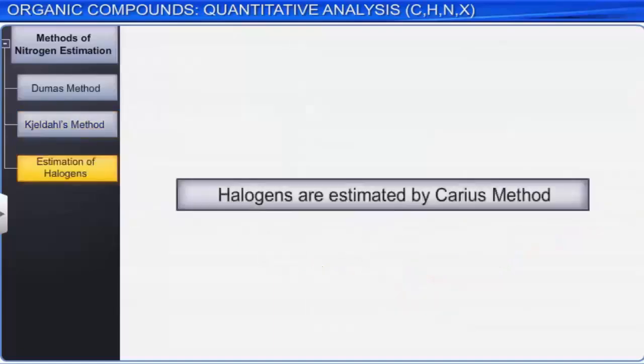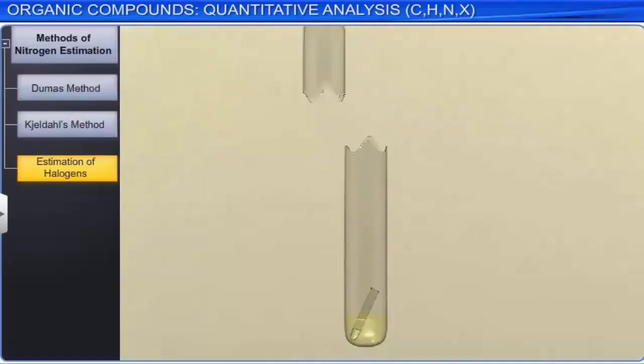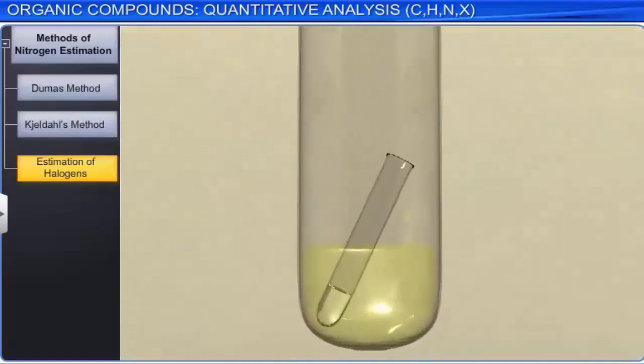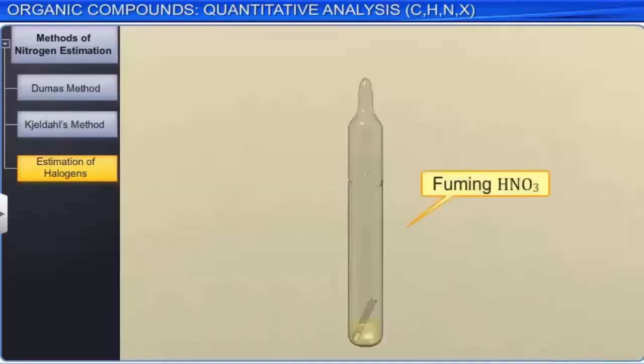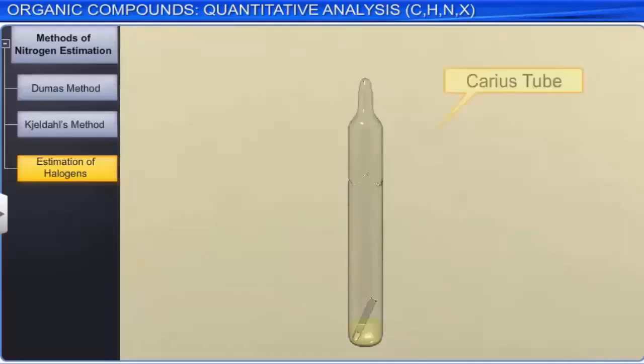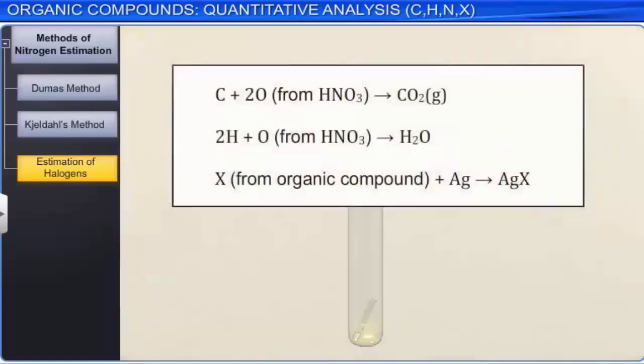Halogens are estimated by Carius method. In this method, a known mass of organic compound is heated with fuming nitric acid in the presence of silver nitrate in a hard glass tube called Carius tube. In this process, carbon and hydrogen are oxidized to carbon dioxide and water, while halogen is converted into silver halide.